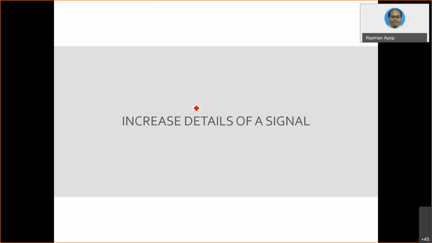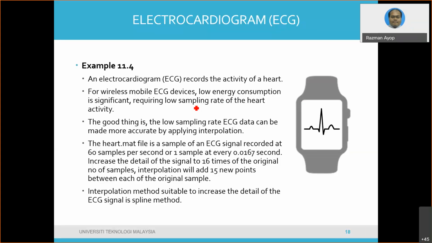Okay, another application for electrical engineering, for increasing the detail of the signal. So for example, here you have the ECG, electrocardiogram. You have a signal, something like this, and you use the analog to digital converter.